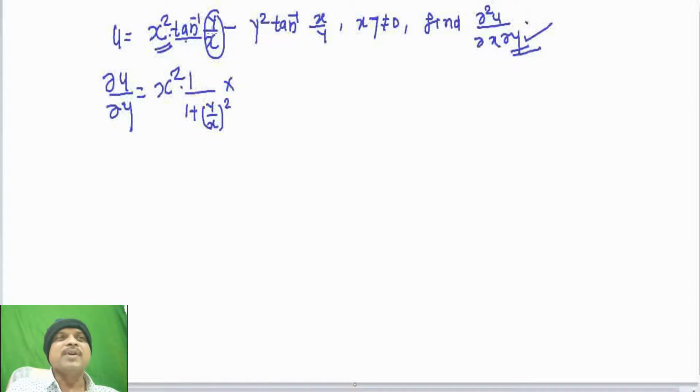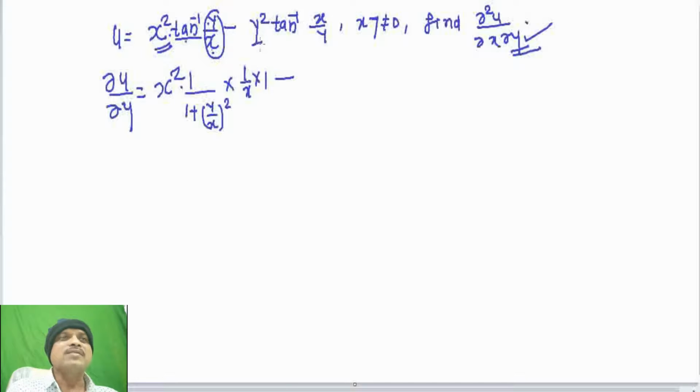And the derivative of y divided by x, as I have said, and I am consistently saying, when we treat with respect to y, keep x as a constant. So 1 divided by x is a constant as it is, and the derivative of y with respect to y is 1. So friends, we get the derivative of the first term, minus as it is.